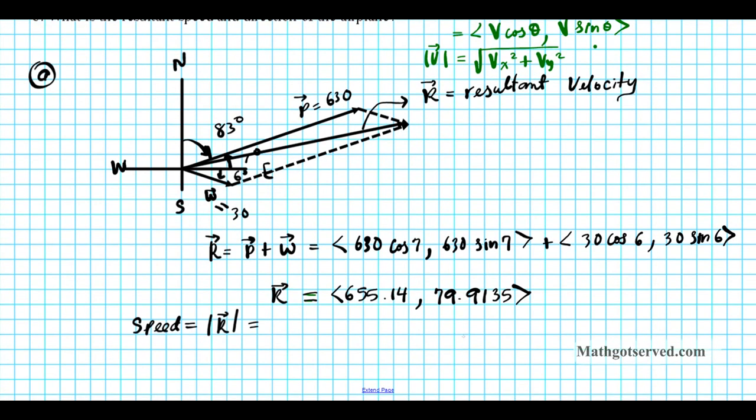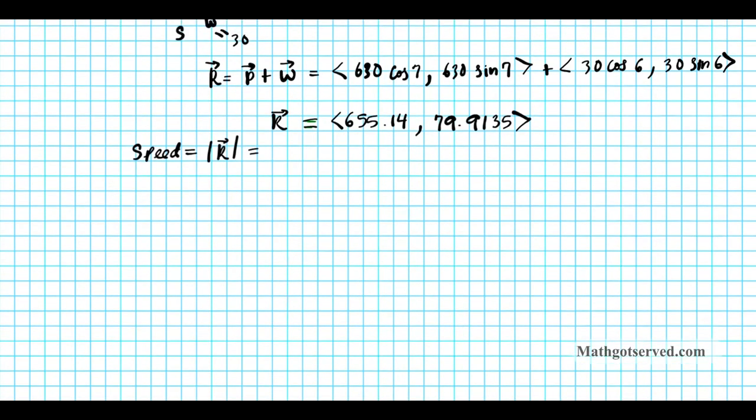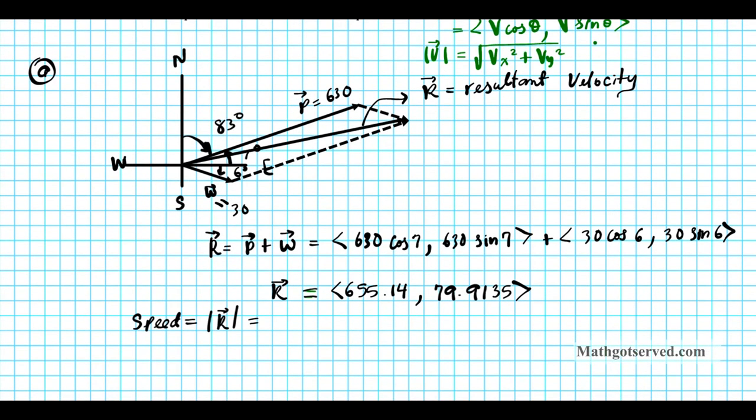Okay, so that's what we're going to do here. If we apply the formula I just showed you to this situation, what is that going to look like? It's going to be the square root of the sum of the squares of these vector components. So it's going to be 655.14 squared plus 79.9135 squared.